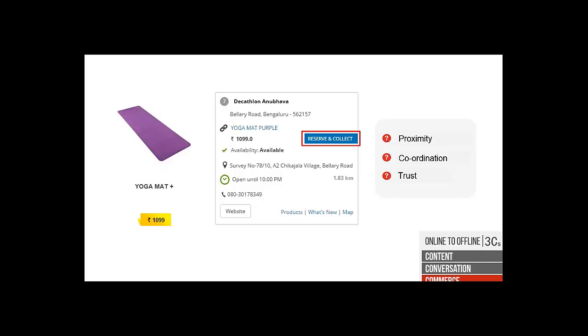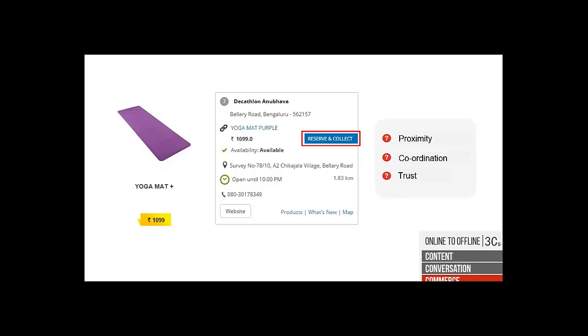So the problem that you're trying to solve is actually a coordination problem, one in coordination with respect to distance, and second, the coordination with respect to time. Now in this case, what local stores have is essentially an advantage with respect to organizing the coordination, leveraging your proximity to your consumer and ability to coordinate.